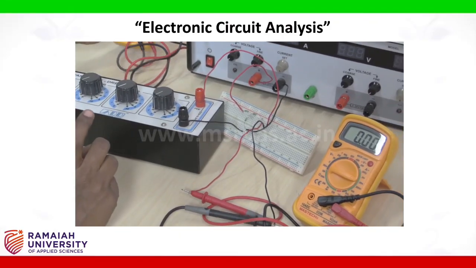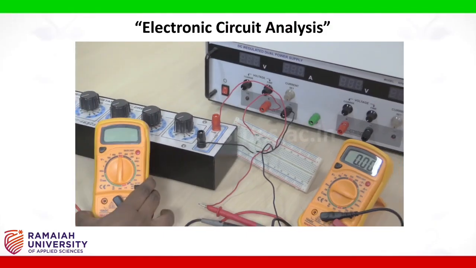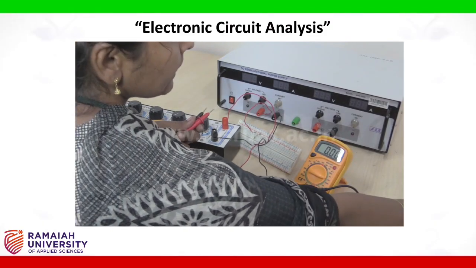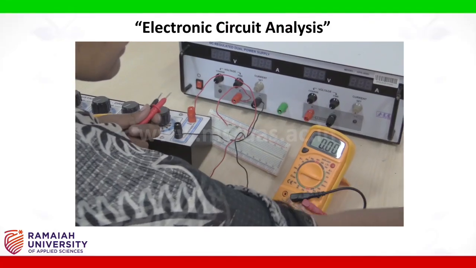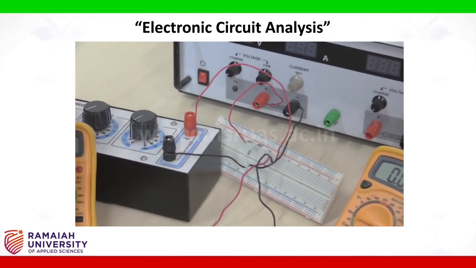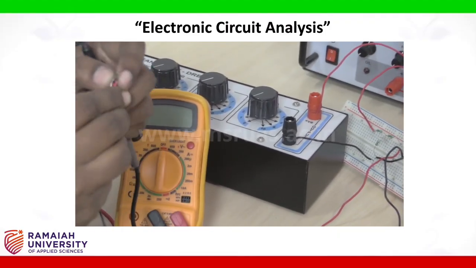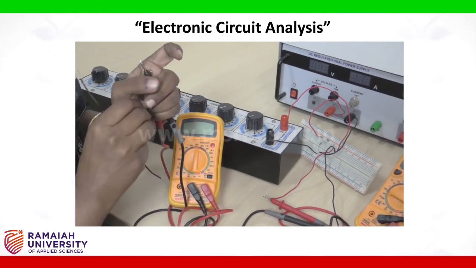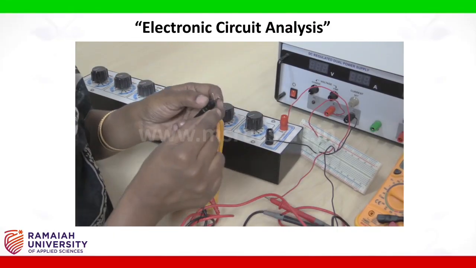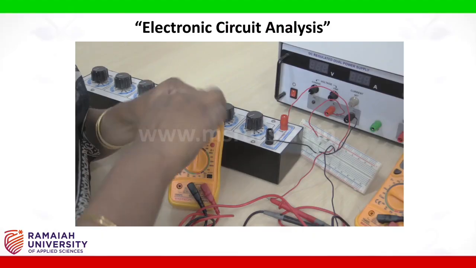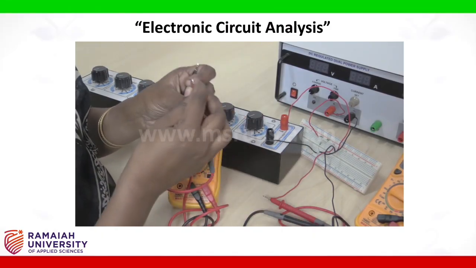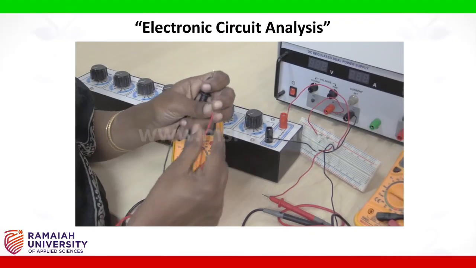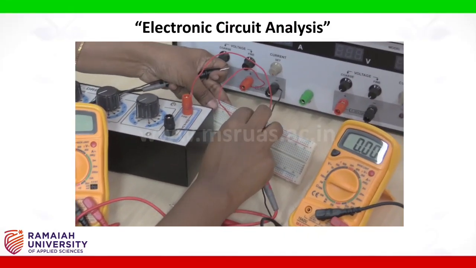Take voltmeter and wind two connecting wires. Place the voltmeter across the DRB.